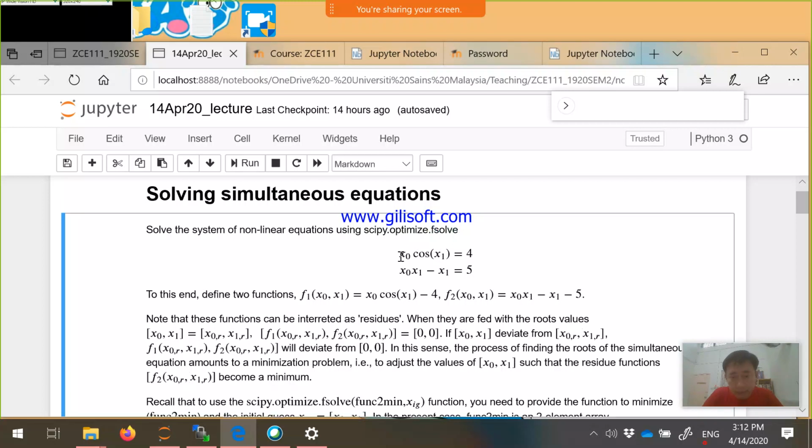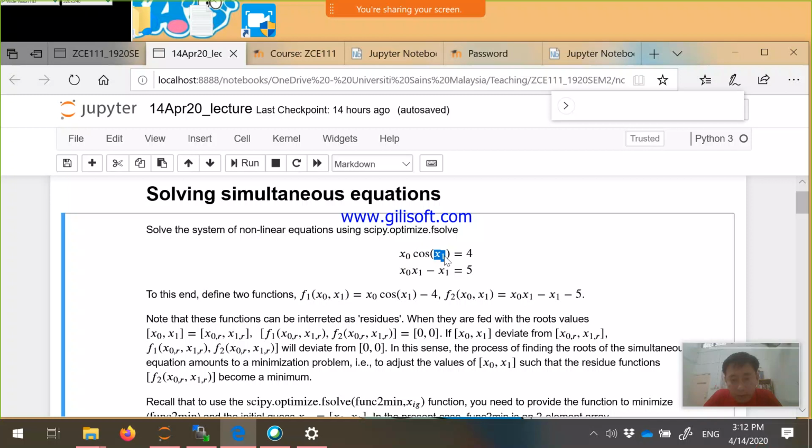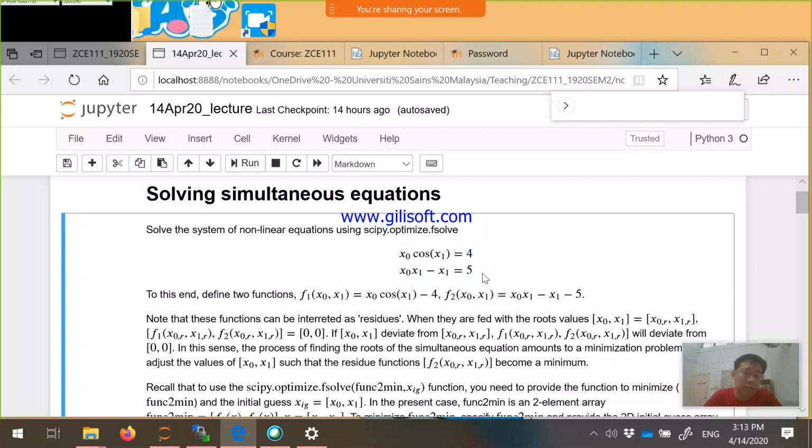In a sense, the solution to these two equations is an optimization problem. What do we mean by optimization problem? We do not know the exact values of x0 or x1, but if you have found the exact solution for x0 and x1, then this equation will be satisfied, and so will the second equation.